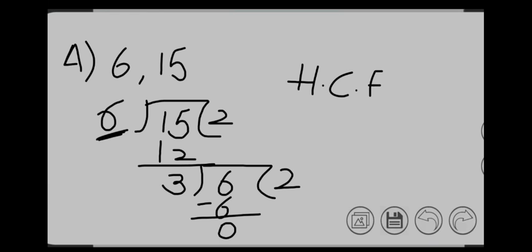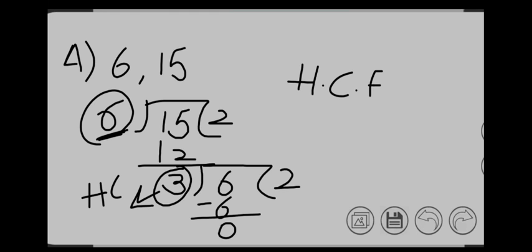In this question we have two divisors, one is 6 and another one is 3. But the last divisor is just 3, so this will become our HCF. It means the HCF of 6 and 15 is 3.